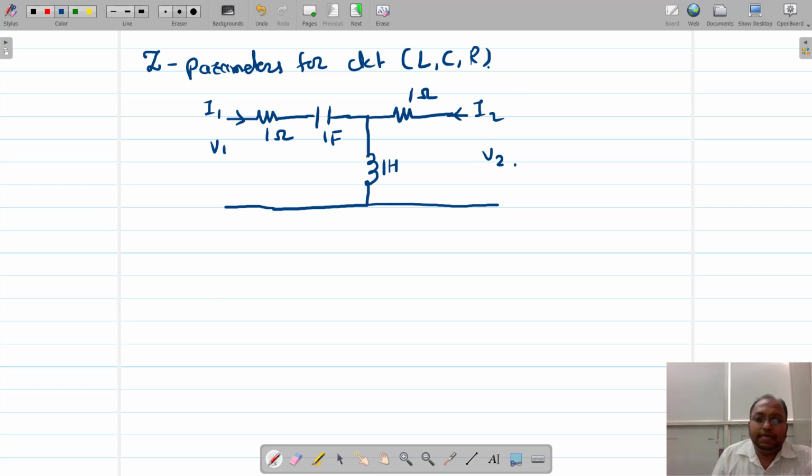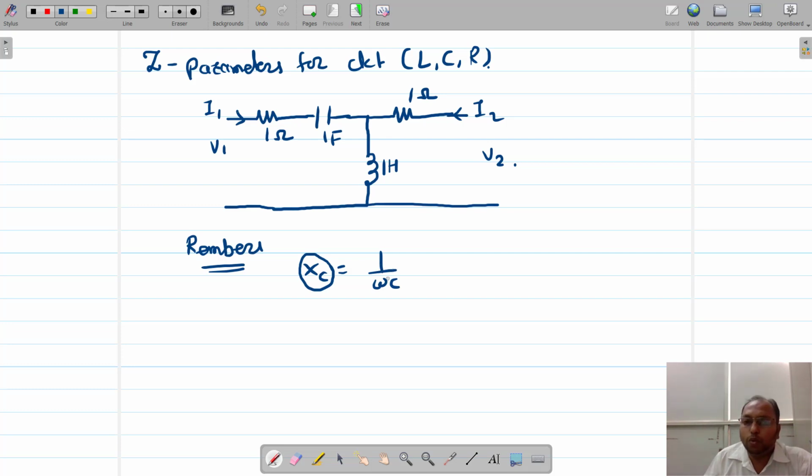Okay, now points to remember. We know that XC is 1 upon omega C, right? This is the reactance of the capacitor. Right now consider omega as 1 for the time being.